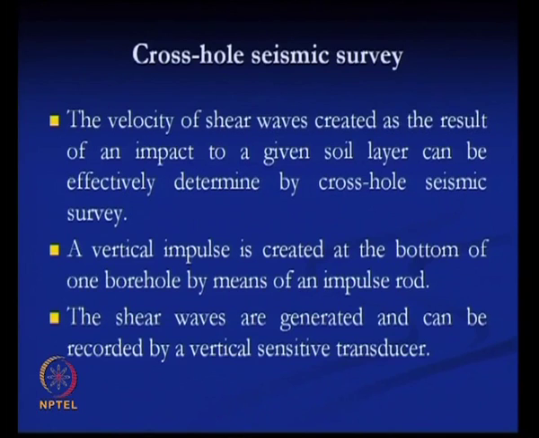In the last class we discussed that we can use the seismic refraction survey to determine the velocity of the seismic wave passing through the different soil layers, and we can determine the thickness of the soil layers.